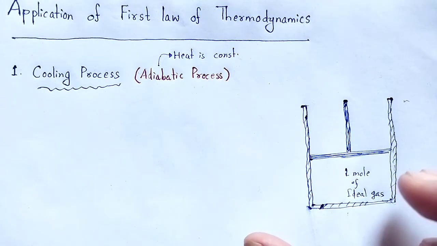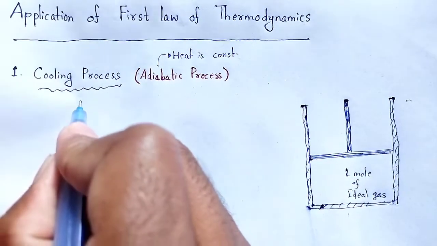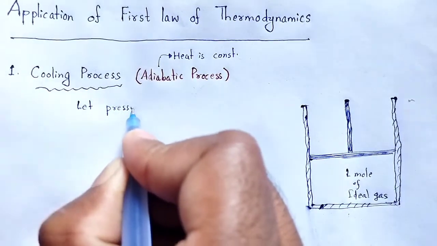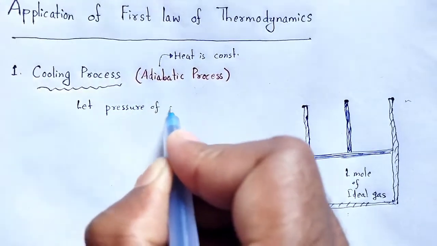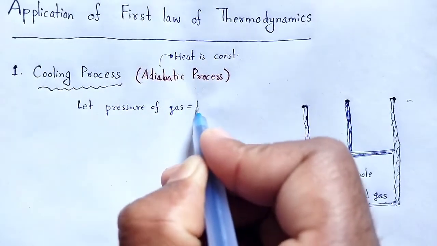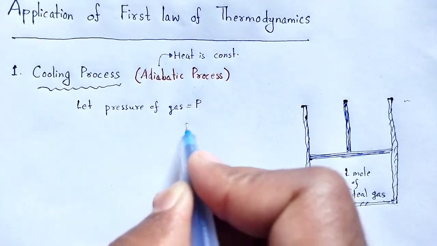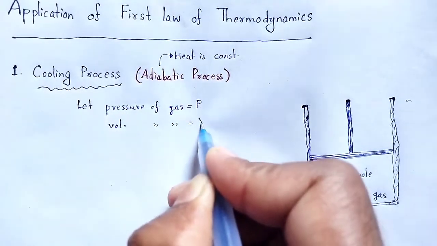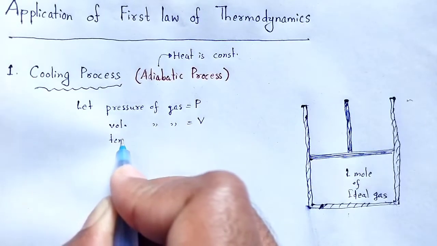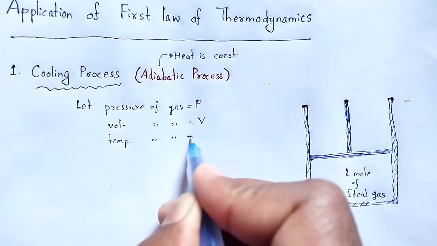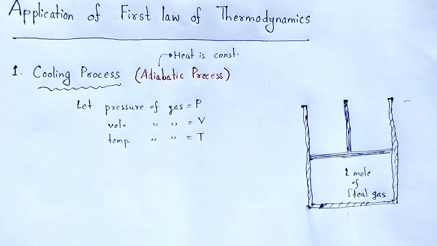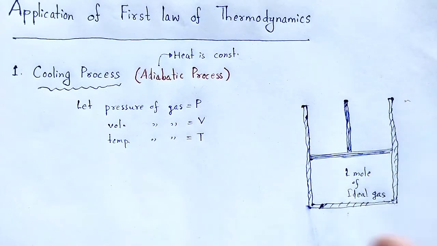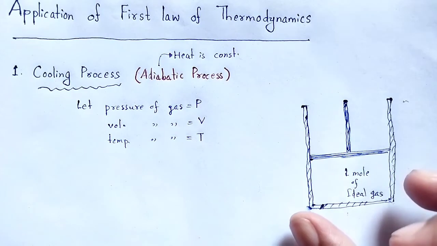Let the pressure of the gas be P, volume of the gas V, and temperature of the gas T. And let the piston move upward and the gas expand.